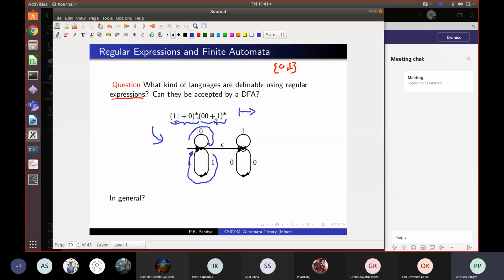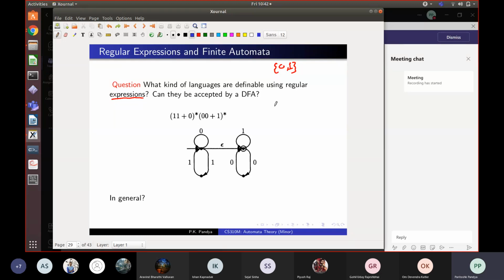Then you want to do the remaining expression, so you do an epsilon transition and detect the subword which matches the second half of the regular expression, where you can have either a 1 or a pattern 00, repeated any number of times. I hope you are able to see how the top regular expression denotes the same language as the language accepted by the epsilon NFA given below.